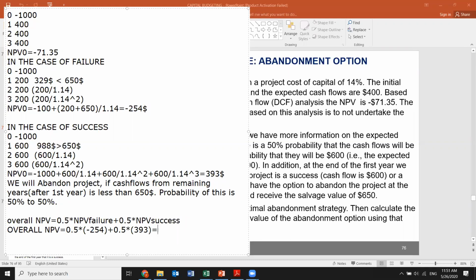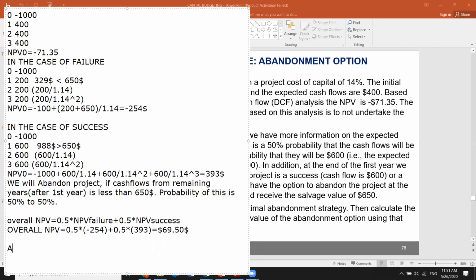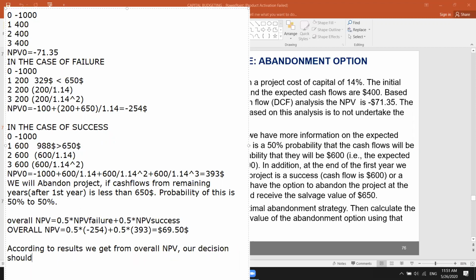If you calculate, you should come up with the positive NPV actually. $69.50 on average. So your overall NPV is $69. So according to results we get from overall NPV, our decision should be to accept the project.